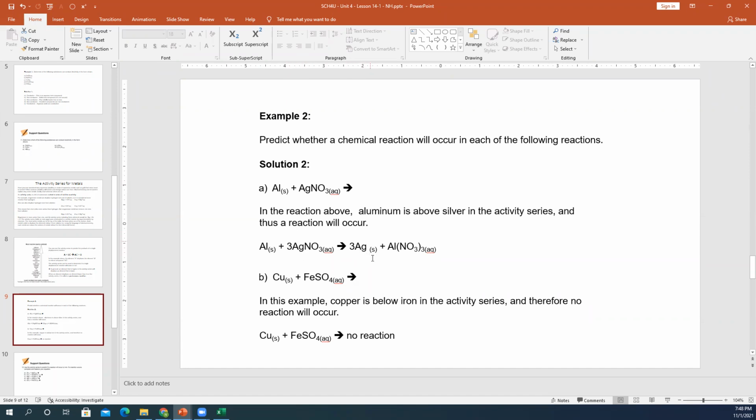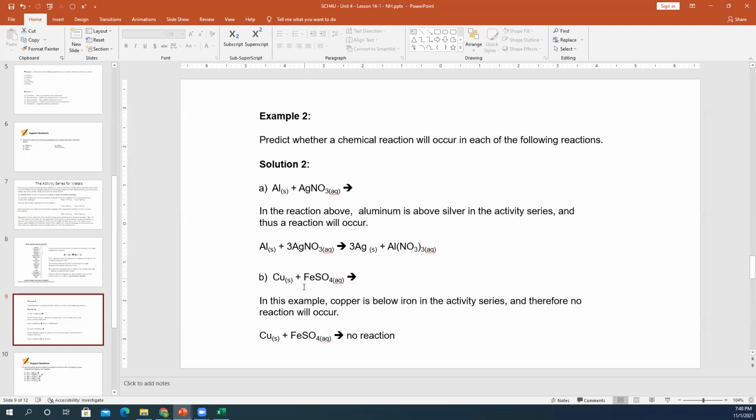So the silver will be displaced out of solution, and you will have elemental silver, solid silver, and you will get aluminum nitrate. So aluminum will displace silver away from nitrate, and itself will take the place of silver, and you will get aluminum nitrate and elemental silver. And of course, balanced, 3 to 3.